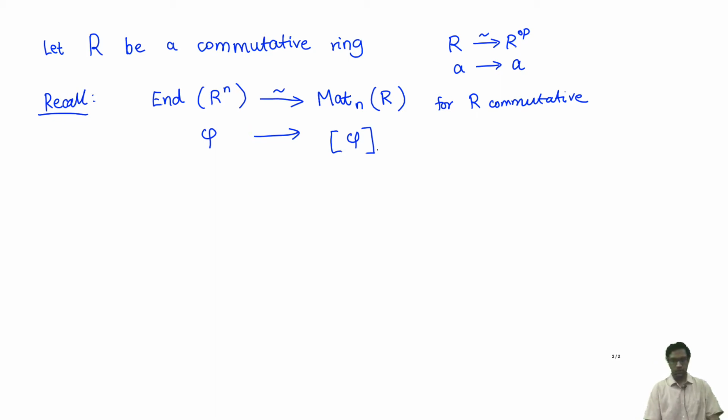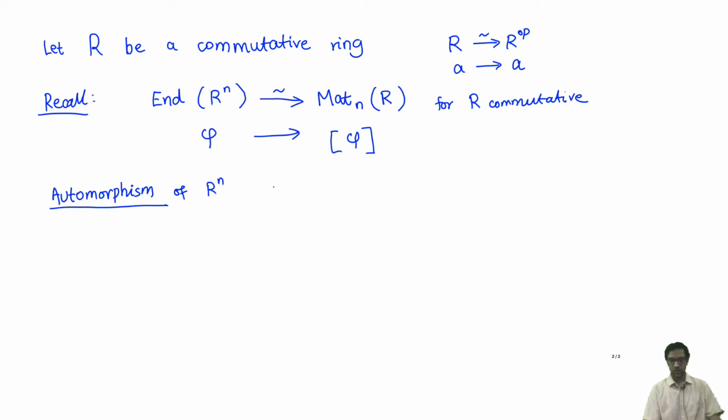Okay, so now what we want to do is to talk about automorphisms. So what's an automorphism? Remember that just means it's an invertible endomorphism. So an automorphism of R^n just means it's a map phi which also admits an inverse.